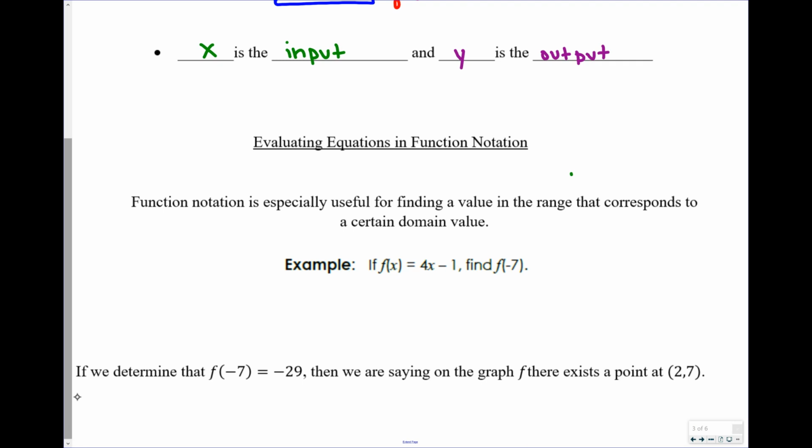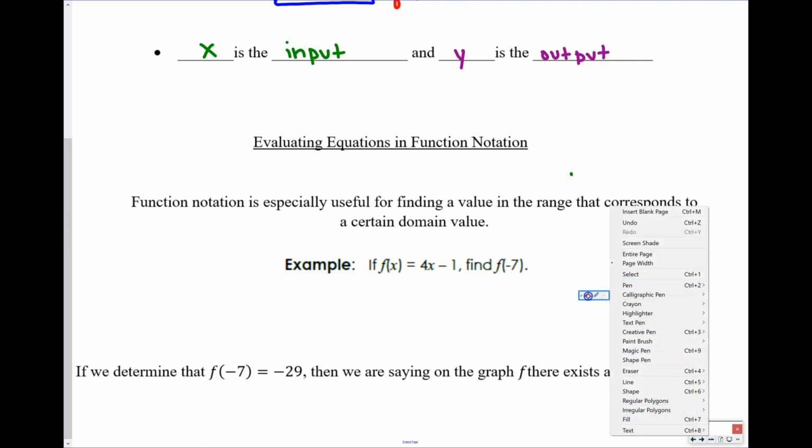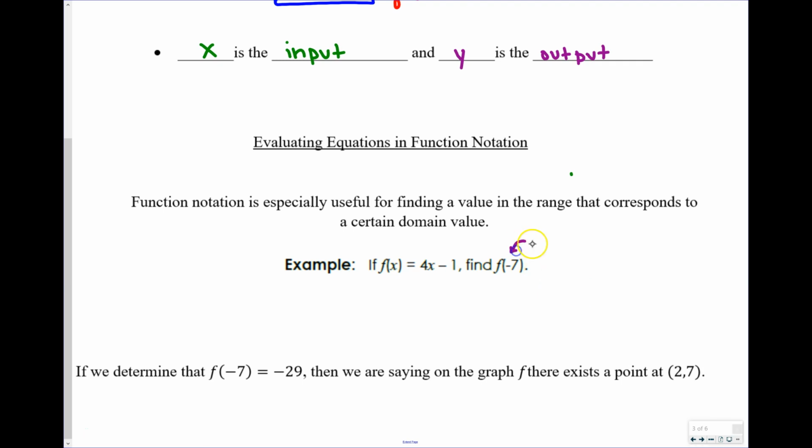So here's an example. If f of x equals 4x minus 1, find f of -7. What this is saying is that this -7 is my input. And it's wanting me to plug -7 in for this and for this.